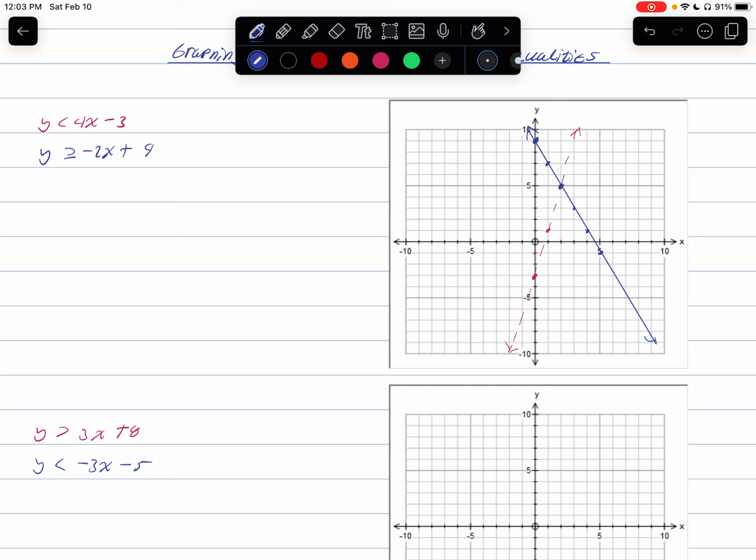Now what we're trying to do is find the region of the graph that satisfies both of these linear inequalities at the same time. Before we do this, let's figure out which side we would shade for each of these. Let's start with the top one. We have y strictly less than 4x minus 3, so we shade everything beneath that line, so to speak.